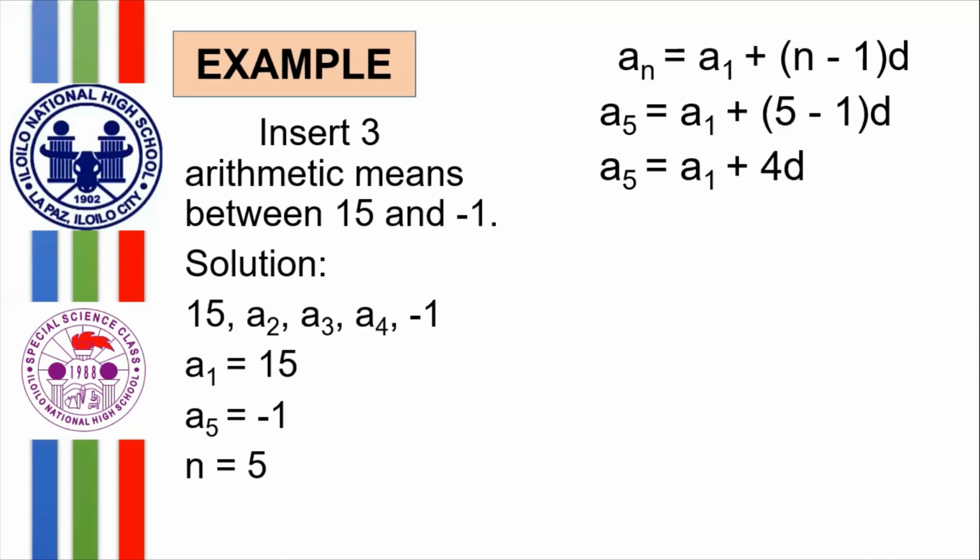And what are we going to do next? You could see that a sub 5 is negative 1 and that a sub 1 is 15. So by substitution, we have negative 1 equals 15 plus 4d. Subtracting 15 both sides, you will get negative 16 equals 4d, and dividing both sides by 4, then you get a common difference of negative 4.